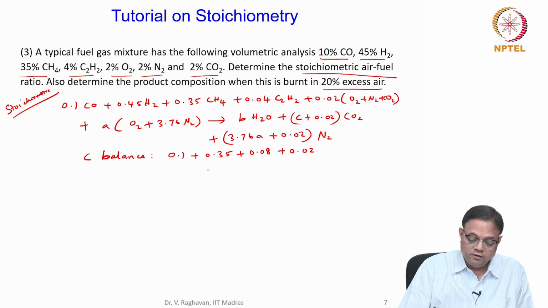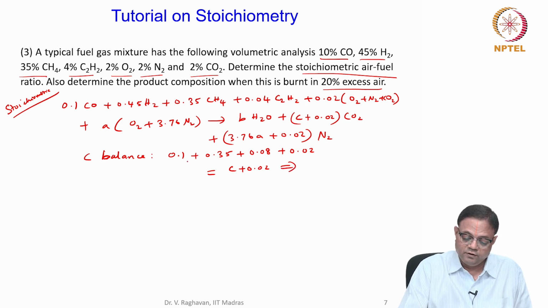The right hand side: C plus 0.02. So no other carbon. This implies the unknown C is equal to 0.53.